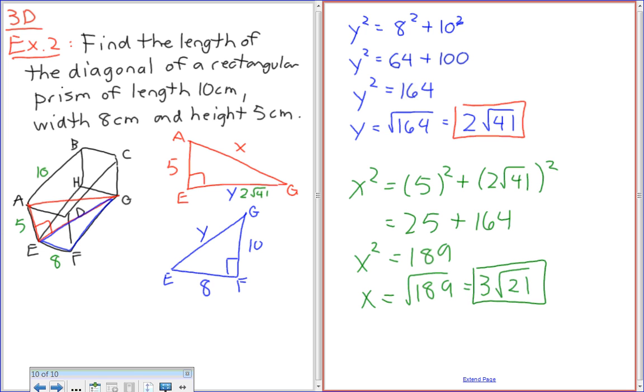Okay, so I just apply the theorem again. The reason I know that 2 root 41 goes to 164 was because right here I knew that y squared is 164, right? Okay, questions and fears.